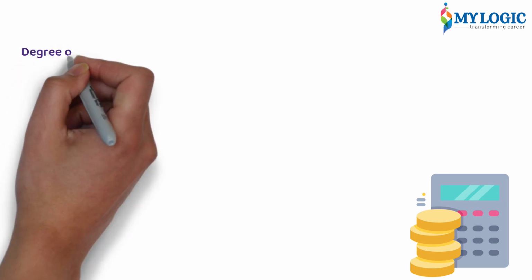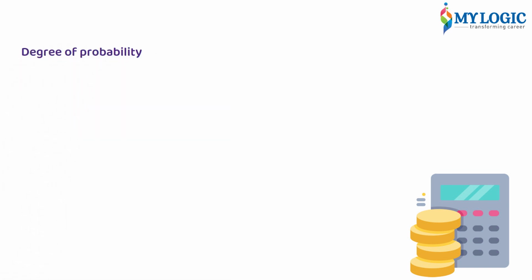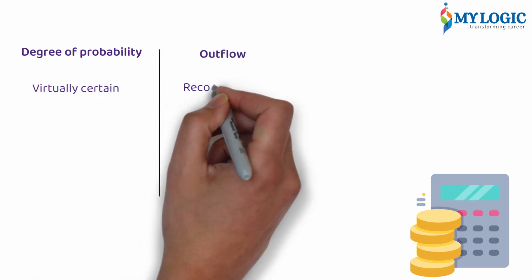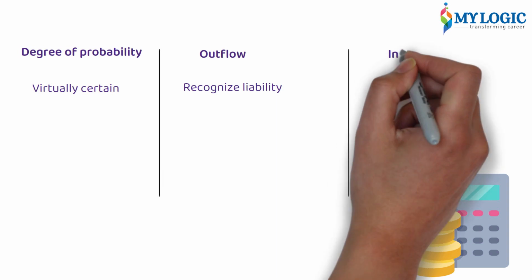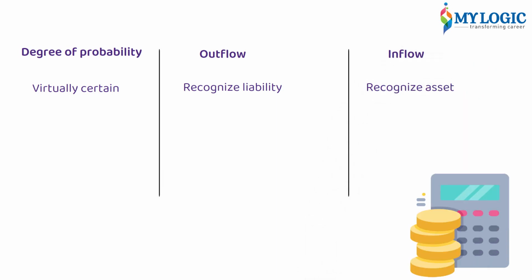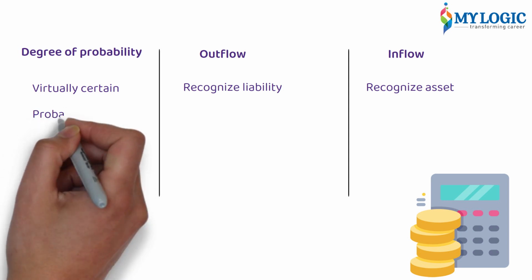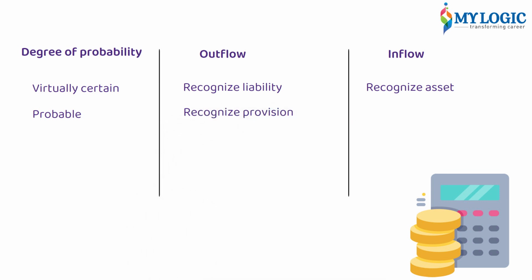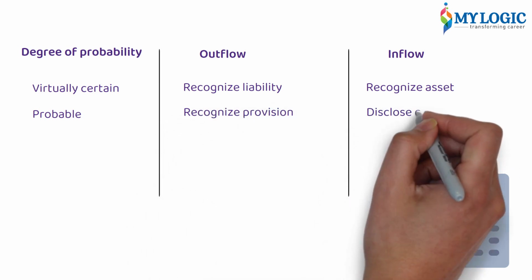A summary of the accounting treatment is: for degree of probability, virtually certain, outflow, recognize liability, inflow, recognize asset. For degree of probability, probable, outflow, recognize provision, inflow, disclose contingent asset.